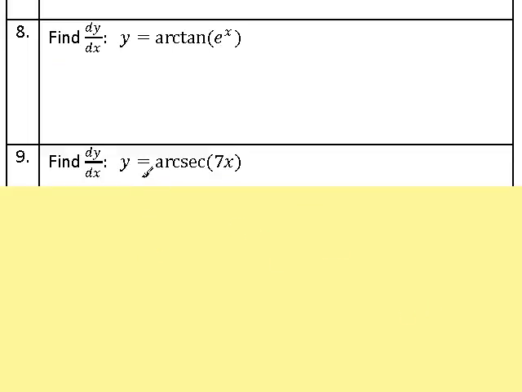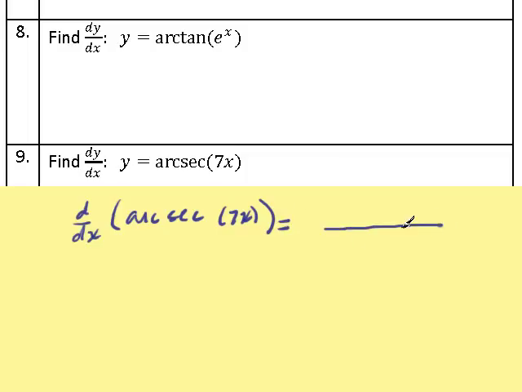And then number 9, we want the derivative of the arcsecant of 7x. Let's write that out. So in the denominator, first we have the absolute value of 7x. And we have the square root of this quantity squared, 7x squared minus 1, times the derivative of 7x.